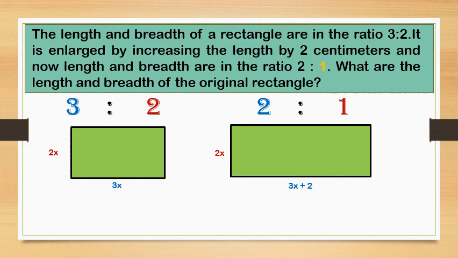That is, length of the enlarged rectangle divided by breadth of the enlarged rectangle equal to 2 by 1. Or we can say (3x plus 2) by 2x equal to 2 divided by 1. Or we can write in the form of ratio. That is 3x plus 2 is to 2x equal to 2:1. How can we simplify it?